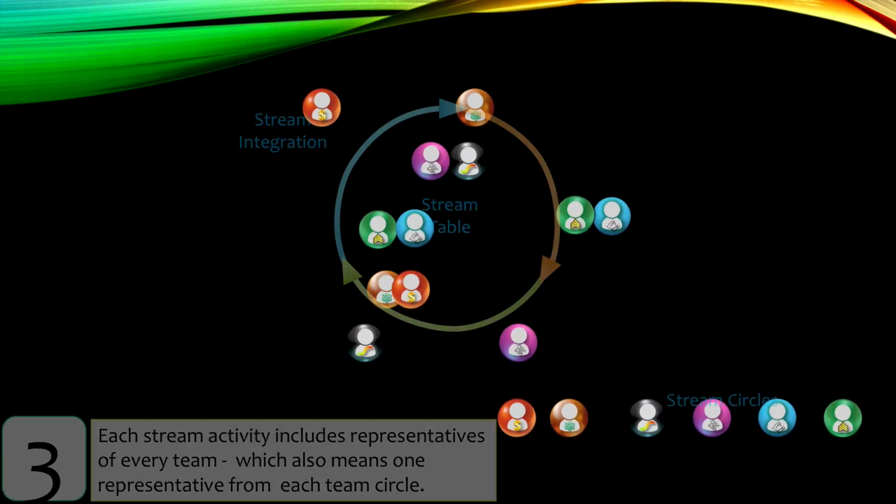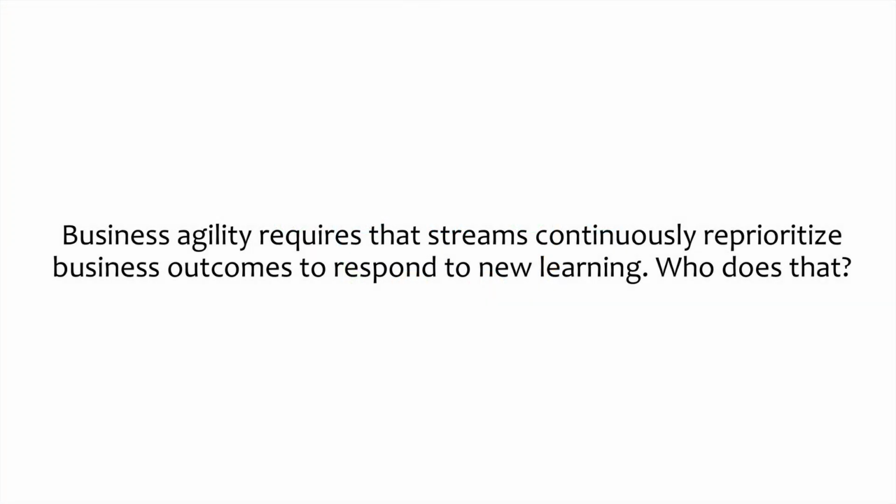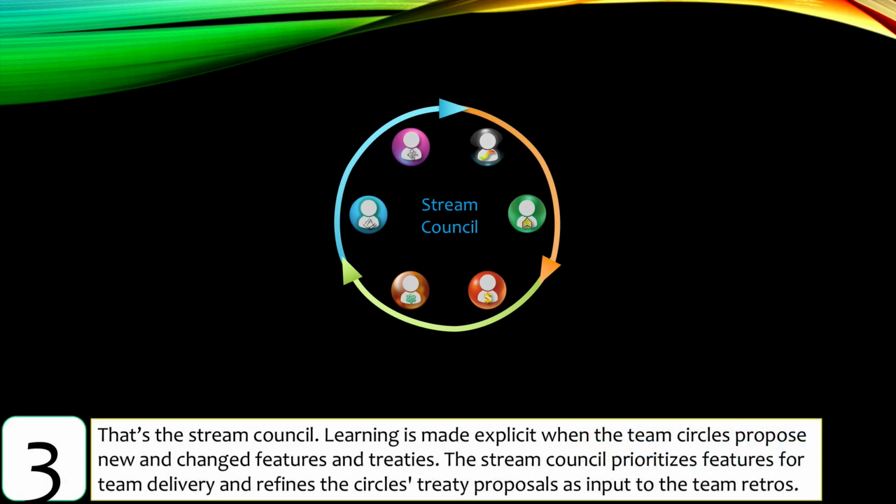Each stream activity includes representatives of every team, which also means one representative from each team's circle. Learning is made explicit when the team circles propose new and changed features and treaties.